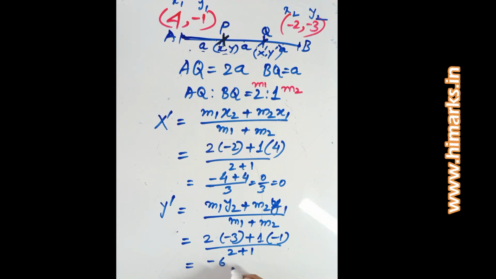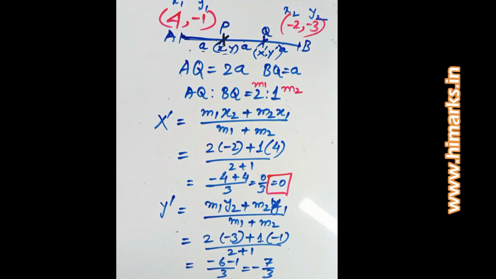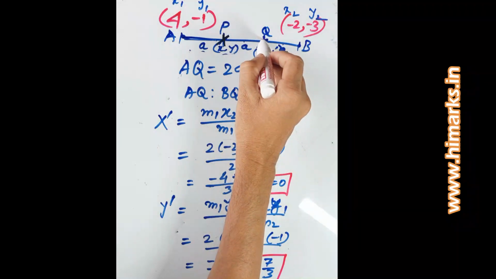So this is -6 minus 1 by 3. So this gives -7 by 3. So we got x dash is 0 and y dash is -7 by 3. So this is the coordinate of this.